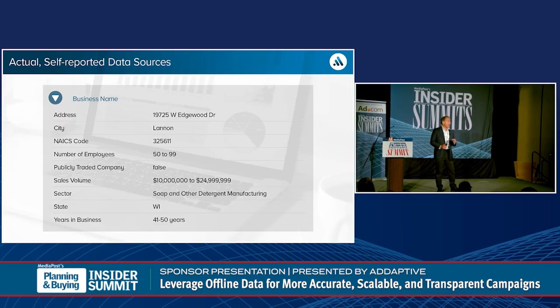We know for a fact that this is a soap detergent manufacturing company. The reason we know all of this is because they gave us this information. If somebody is filling out a business registration form, they're not inferring any information that they're putting on that form. They are putting factual information onto that form, and it's that factual information that we are using to target our campaigns.